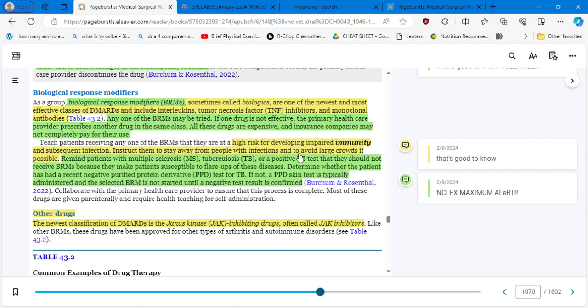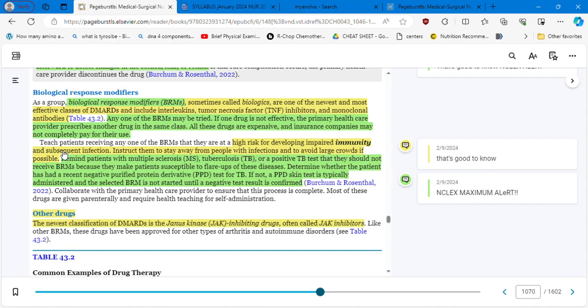In functional medicine, a high risk for developing impaired immunity and subsequent infection are among the side effects of these biological response modifiers. Instruct them to stay away from people with infections and to avoid large crowds.